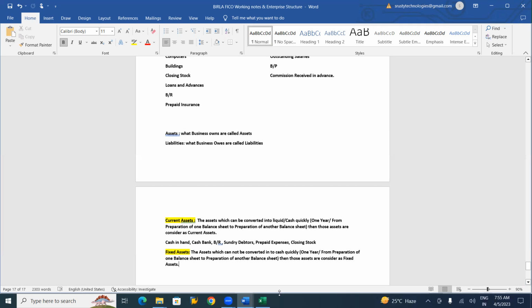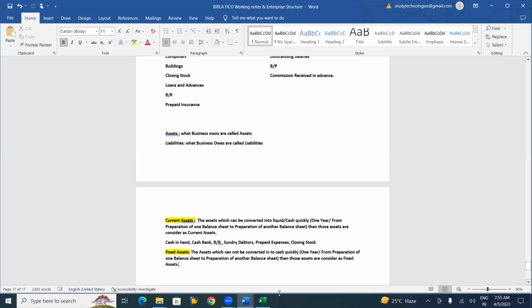As per the going concern concept rule, whatever assets we are going to use for a longer period, and longer period is nothing but more than 1 year, meaning from preparation of one balance sheet to another balance sheet, all those assets are considered as fixed assets. So same thing, machinery I have purchased. At the time of purchase of machinery, we won't think we will use it only for 1 year. No, we'll use it for a longer period.